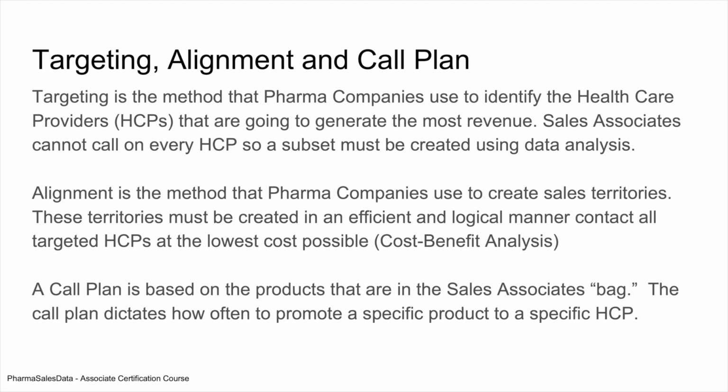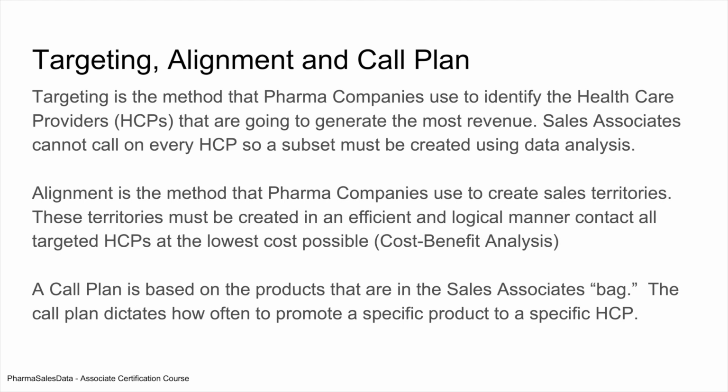So targeting is the method that pharma companies use to identify the HCPs, healthcare providers, that are going to generate the most revenue. Sales associates cannot call on every HCP, so a subset needs to be created, and you create that subset using data analysis.